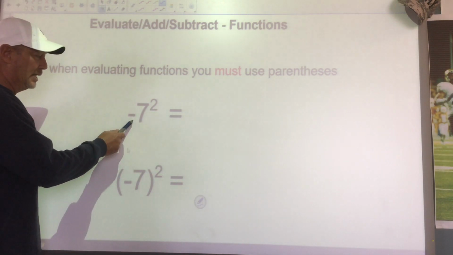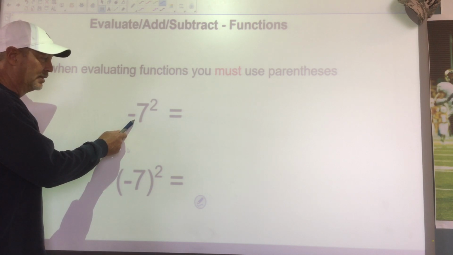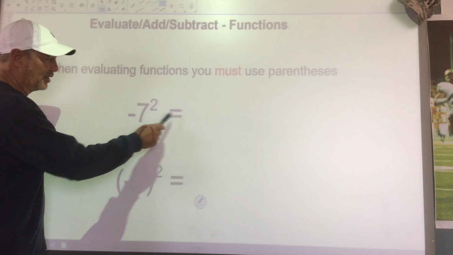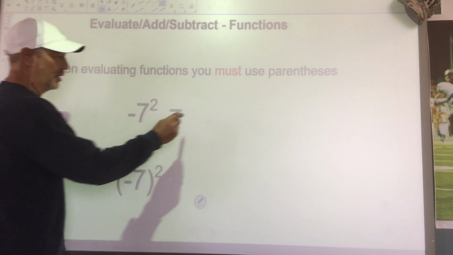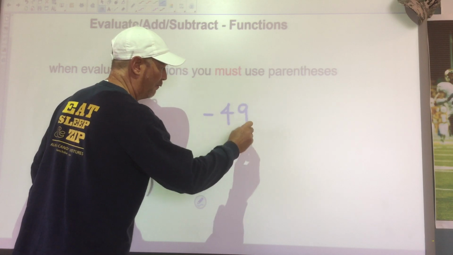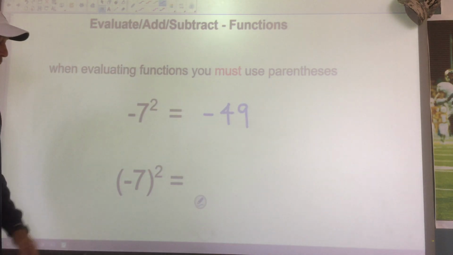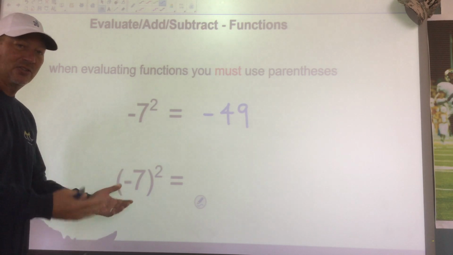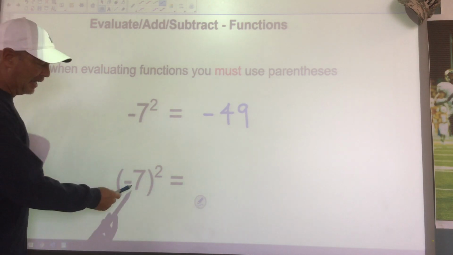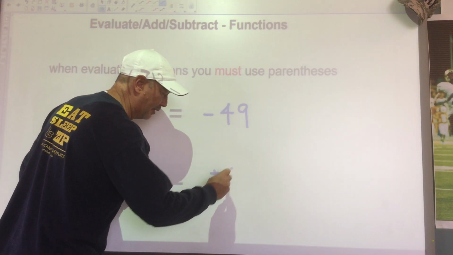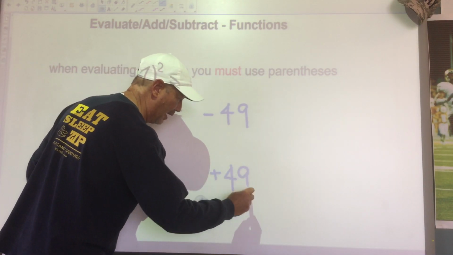If we substitute in a -7 and we do not use the parentheses, and you put this in the calculator, this is going to come out to be -49. But if we substitute in a -7 and we use parentheses like we're asked to do, (-7) squared is going to be treated as a +49.